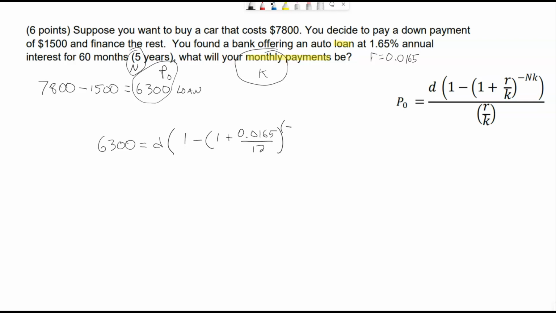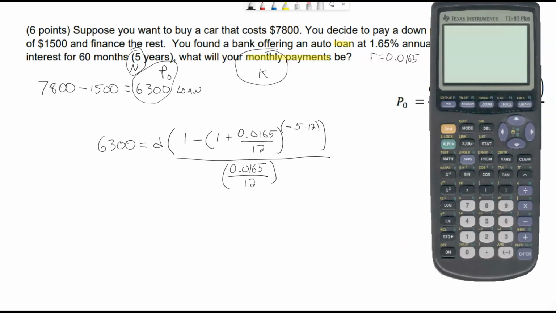I use parentheses around the exponents because I don't know what calculator you have. 5 times 12, close these parentheses, divided by 0.0165 over 12. Parentheses around that. Okay, so what we're trying to do is solve for D. I'm going to work out this entire right side, the coefficient of D, and get some kind of decimal. And then I'm going to divide that decimal into the 6,300 to solve for D.